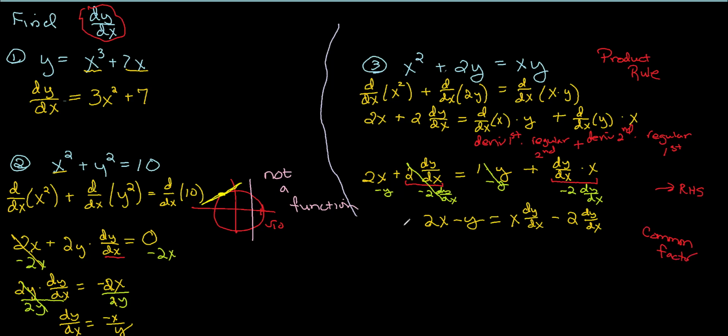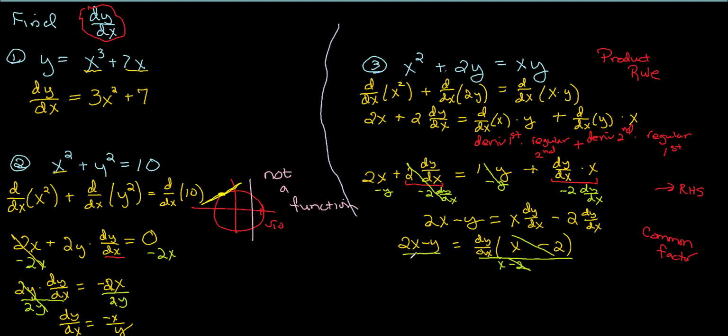Left-hand side did not change. Right-hand side, common factor is dy/dx. When I pull that out in front, I have left over an x minus 2. Solving for dy/dx, well, I need to undo or unattach this multiplication, so it means I'm going to divide both sides by x minus 2.